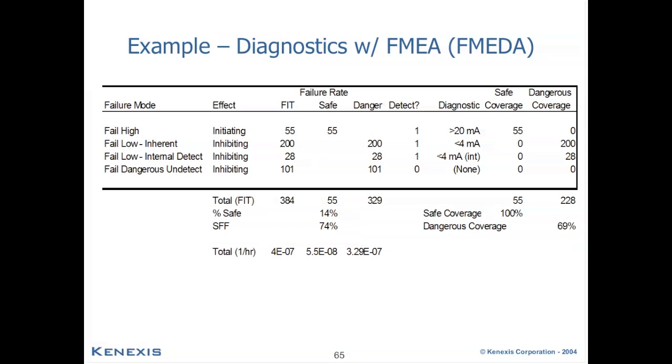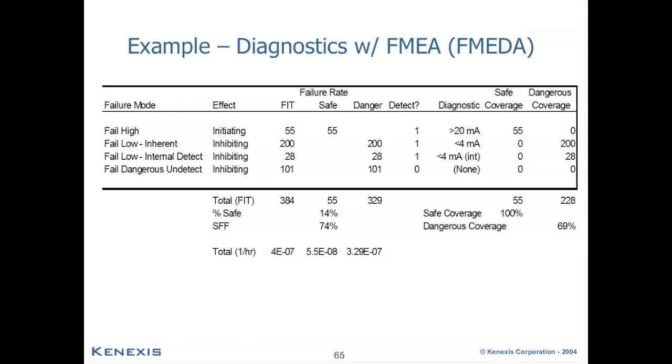So continuing from that, we can develop a more thorough FMEA with the help of diagnostics, and we refer to this as the Failure Modes, Effects, and Diagnostics Analysis, or FMEDA. So with these failure modes, we'll have listed out the failure modes and the effects of these failure modes as listed before. And now we'll also include a column over on the right side here of the failure rate, which will define whether those failure modes are detectable or not, and the diagnostics available in order to detect those failures.